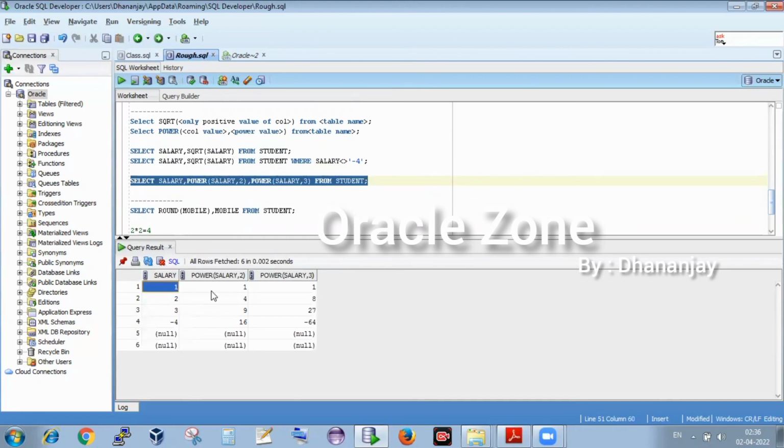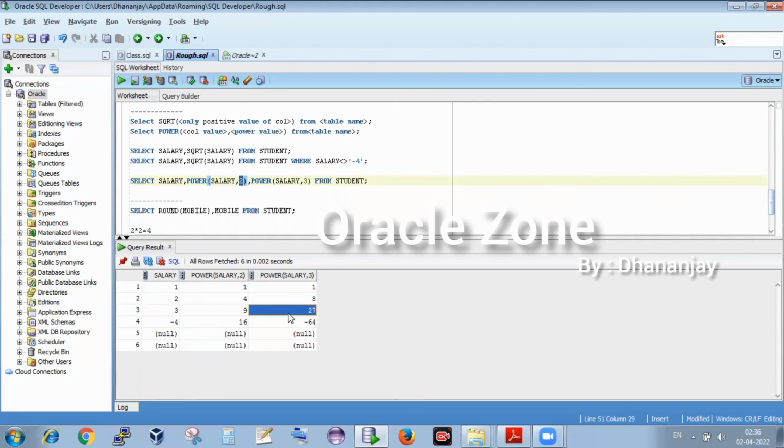Our main value is 1, 1 to the power 2, 1 to the power 3. All will be 1. Here 2 to the power 2, what should be? 4 for this. And 2 to the power 3, what should be there? 8. Here our main value is 3. So I'm performing 3 to the power 2, means 3 into 3, that should be 9.